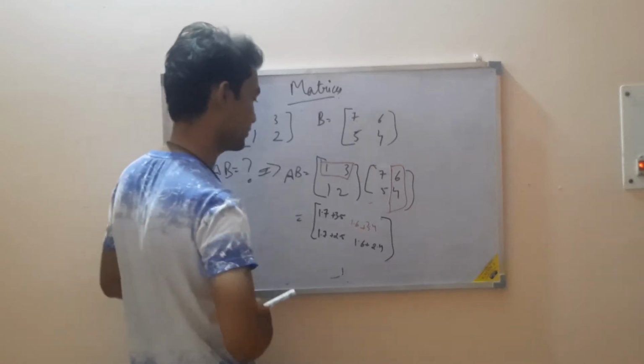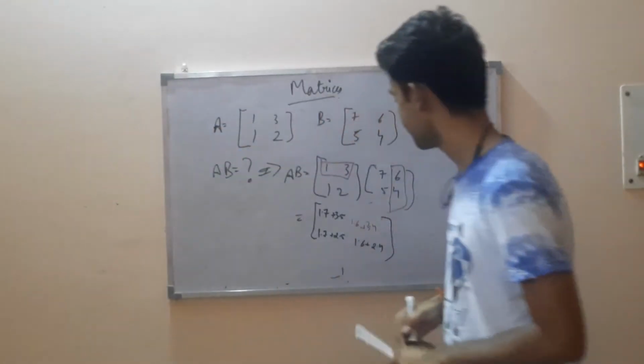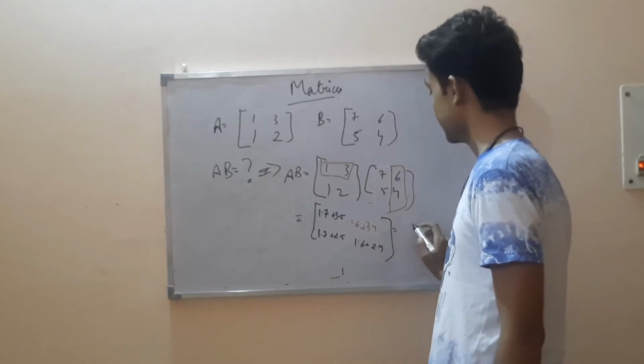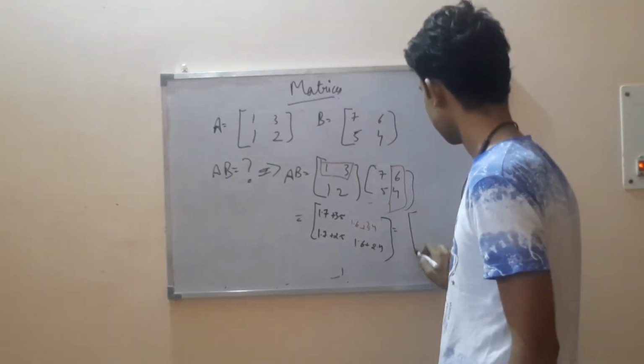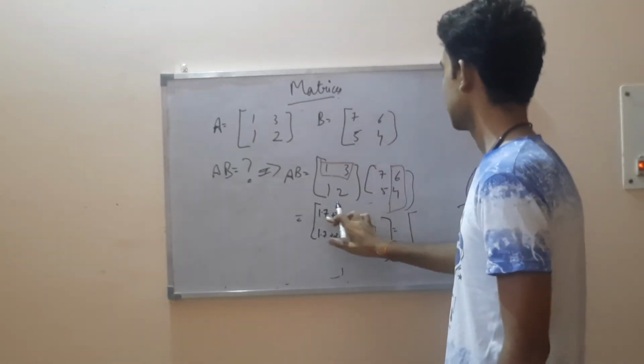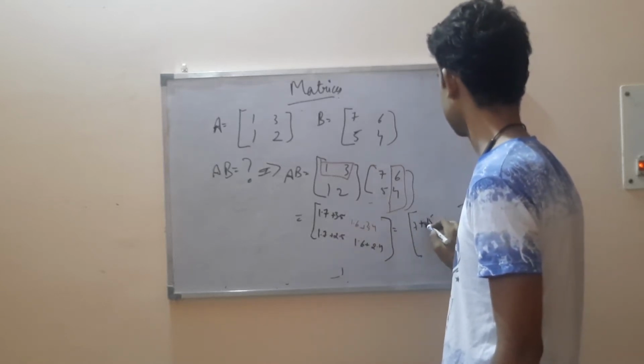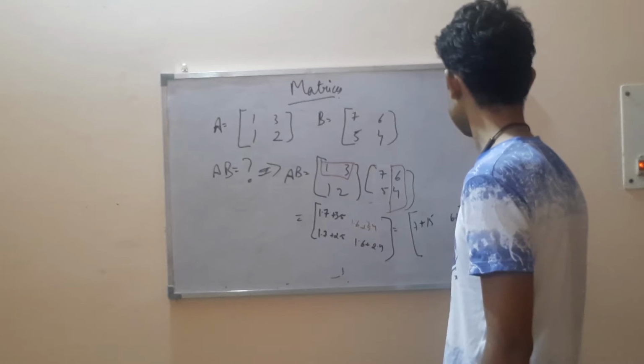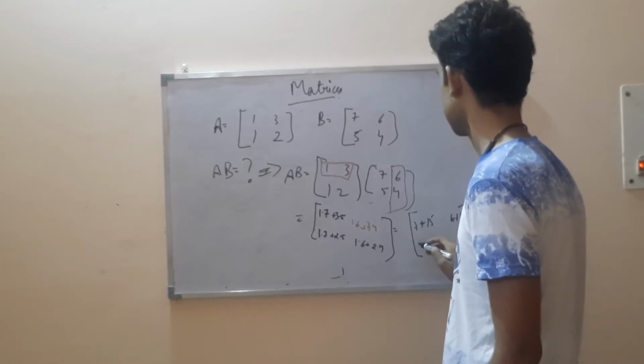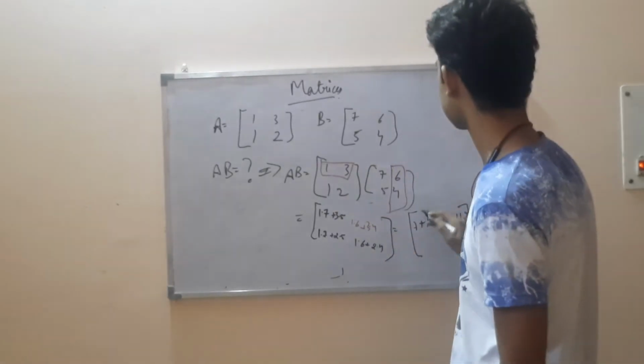So it will be 1 into 7 is 7 plus 15, 6 plus 12. Okay, so now it's only calculation.